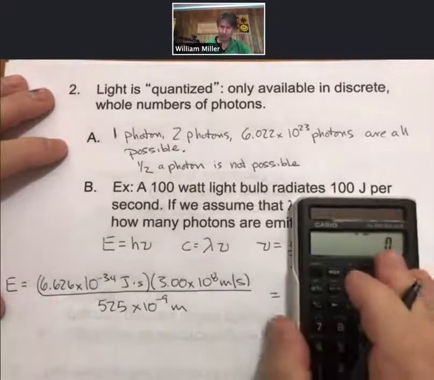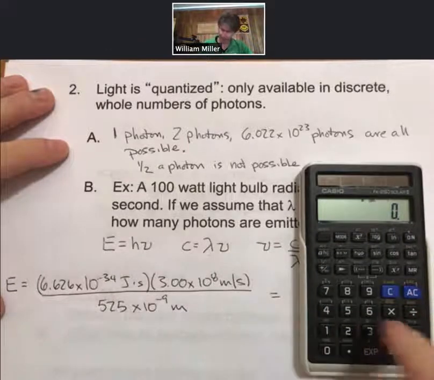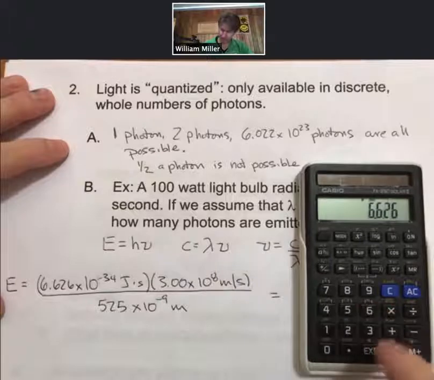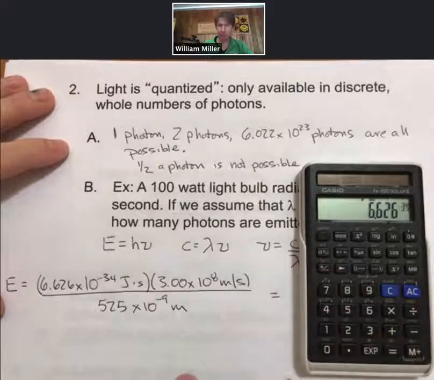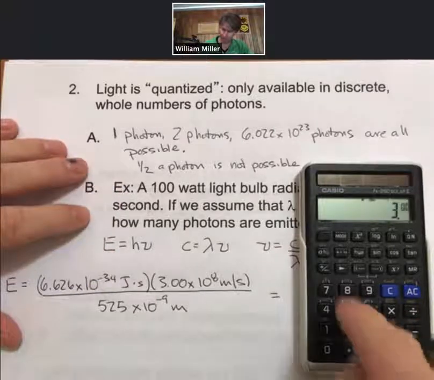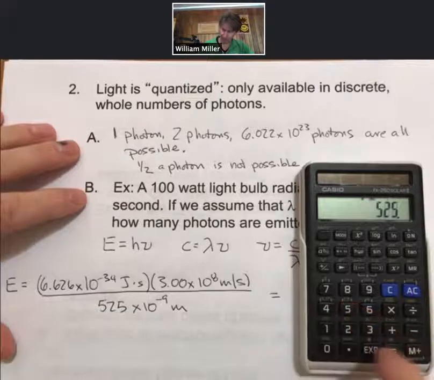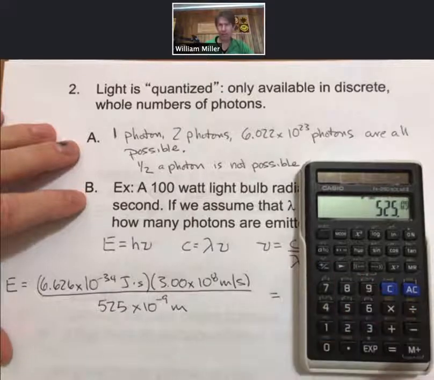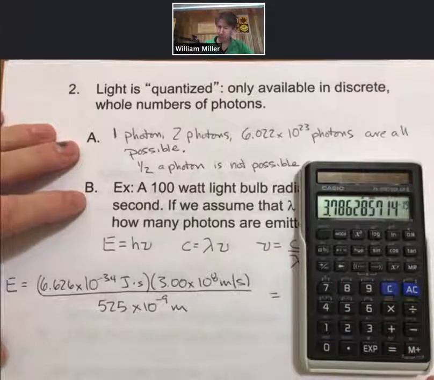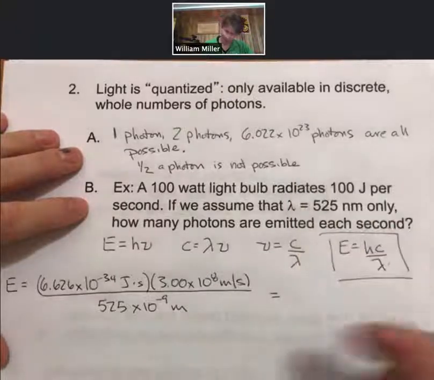When I do this, I get, so 6.626 times 10 to the negative 34th times 3.00 times 10 to the 8th divided by 525 times 10 to the minus 9, I get 3.79 times 10 to the minus 19 as the number.